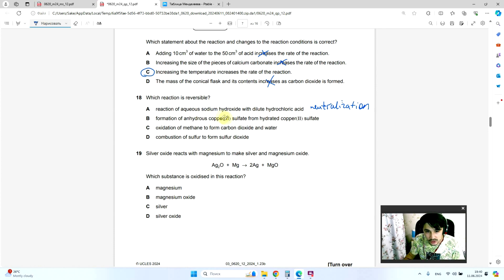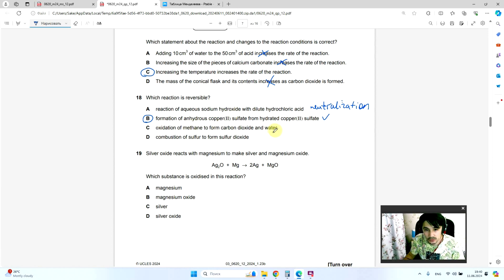Formation of anhydrous copper sulfate from hydrated copper sulfate. And I suppose that this is the correct answer, because water can be combined with copper sulfate to produce crystals of copper sulfate if you add a small amount of water. And you can also dehydrate copper sulfate, remove water by heating. So that is the correct answer.